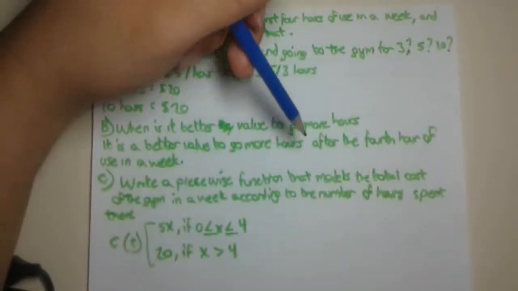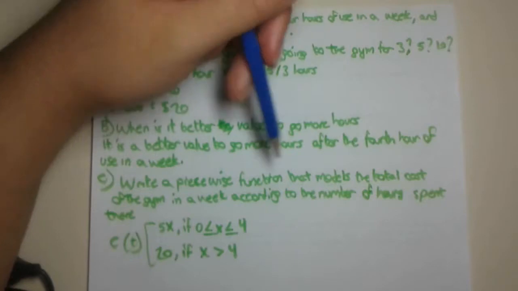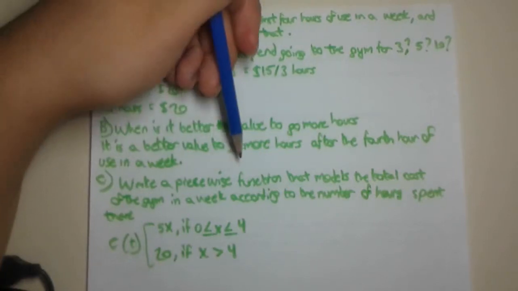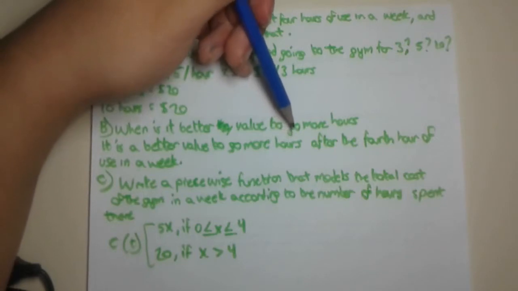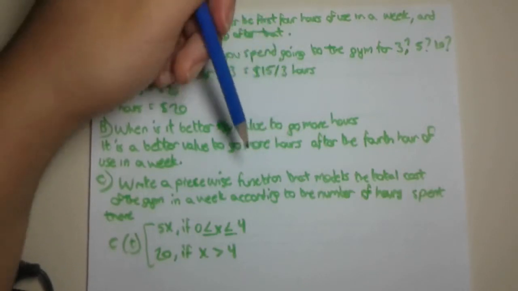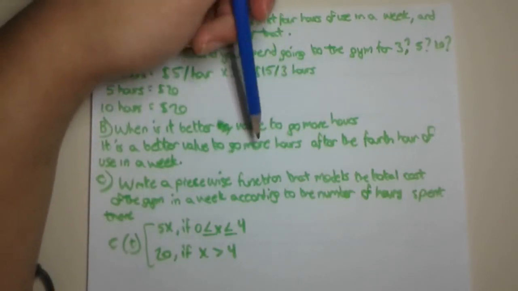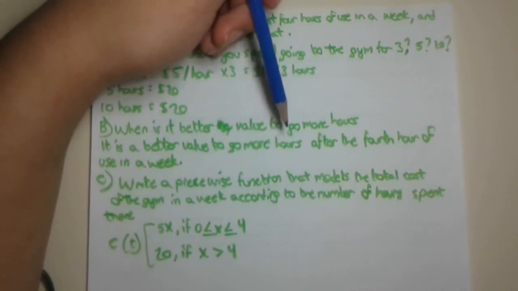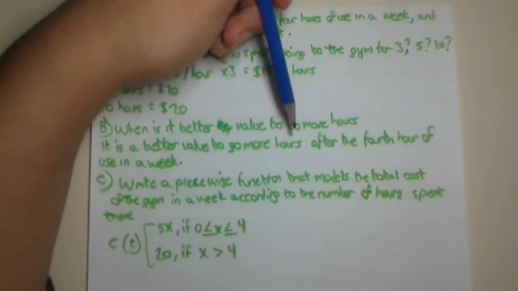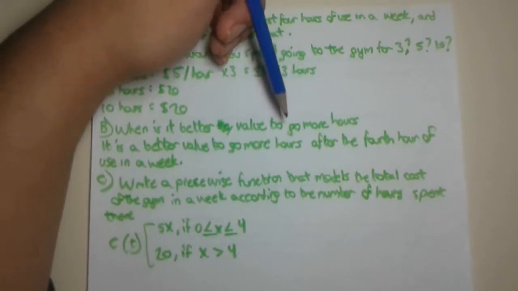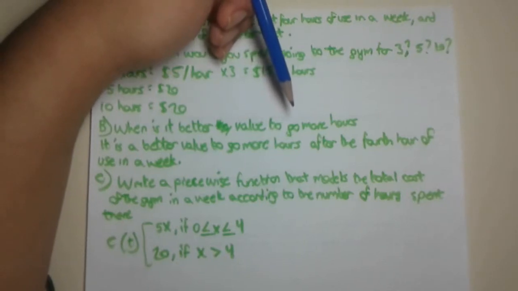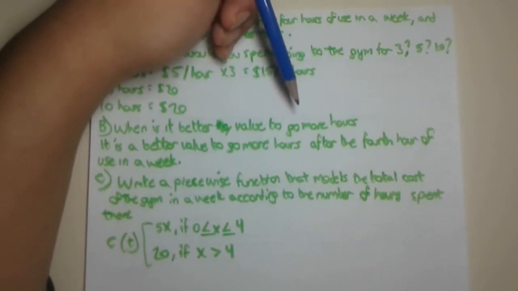It is a better value to go more hours after the 4th hour of use in a week, also because you can go as many times as you want and you still get charged $20. So after 5 hours, you get charged $20. 10 hours, you get charged $20. 20 hours, you get charged $20.